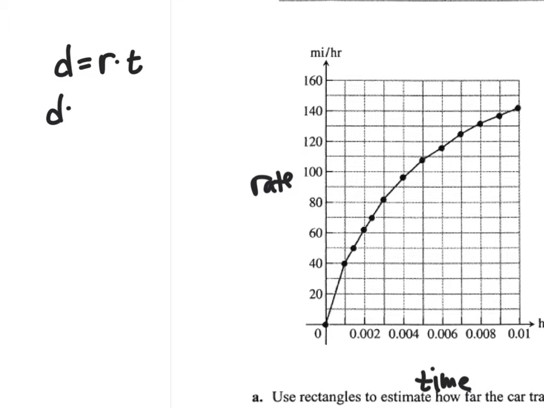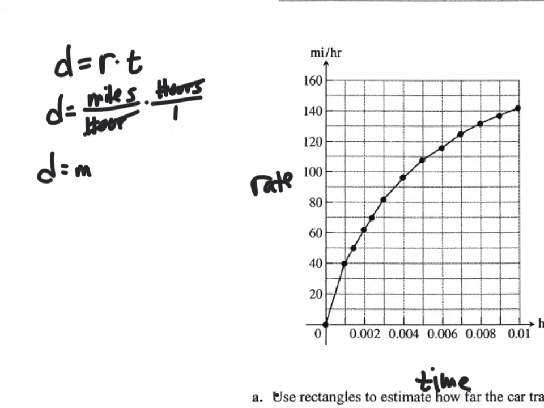The rate we've got is miles per hour, and if we multiply that by the time, which is hours over 1, the hours divide out. So when we calculate the area, this axis times this axis, we get a measure of miles. So that's the idea.